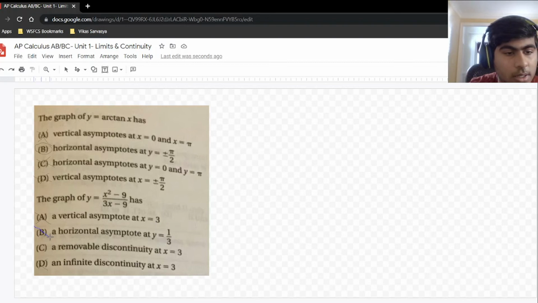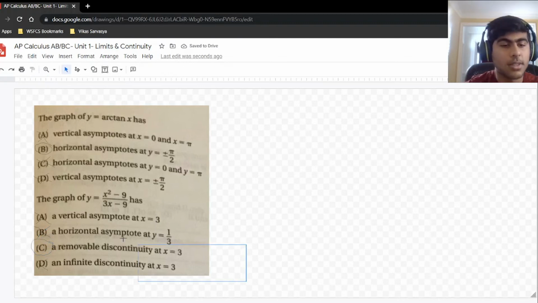Therefore, this is not correct. It does not have a horizontal asymptote. The function does not go to one value. The only time you would have a horizontal asymptote in this kind of scenario is if the degree was the same, but it's not, so you don't have that. Therefore, the answer to this question is C.